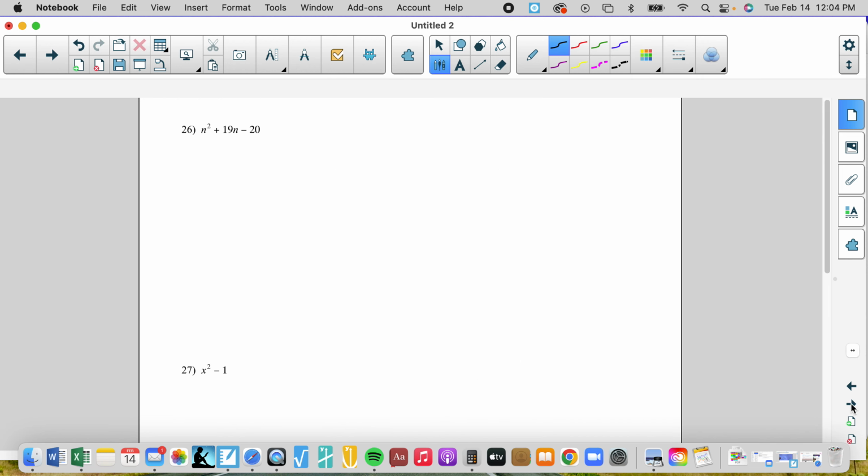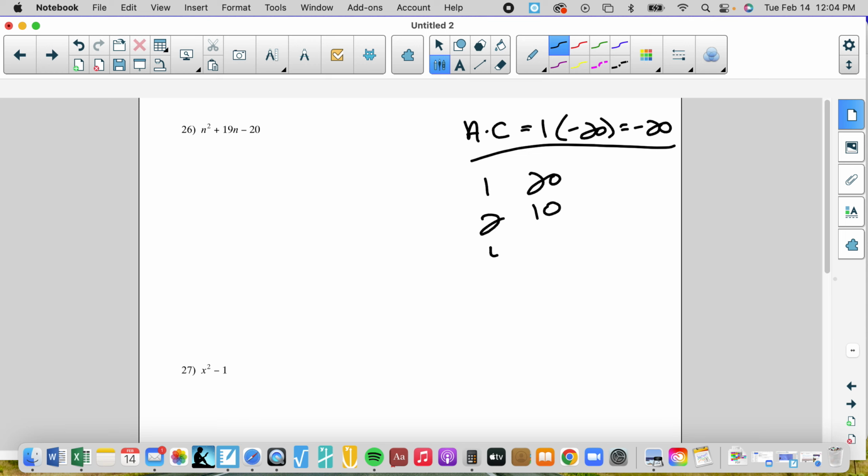20, not a perfect square. A times c, 1 times -20 is -20. 1 and 20, 2 and 10, 4 and 5. Signs are different. Bigger is positive.